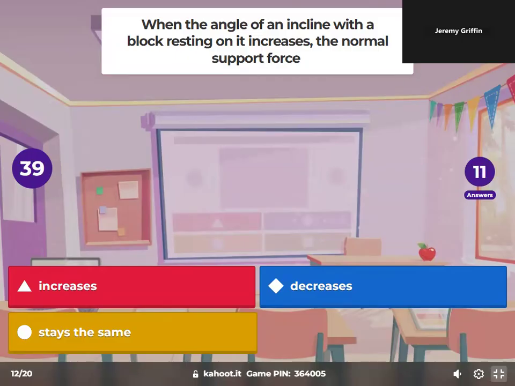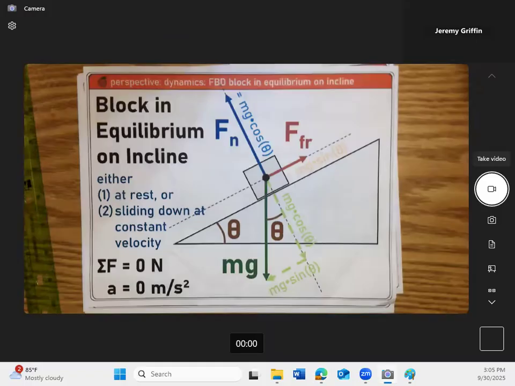Right, so it's got some time. I'm gonna flip my screen. I'll flip it back. Right. So you guys see a block on an incline, and if I increase that angle, what happens to this blue force right here? That's the normal force, isn't it?